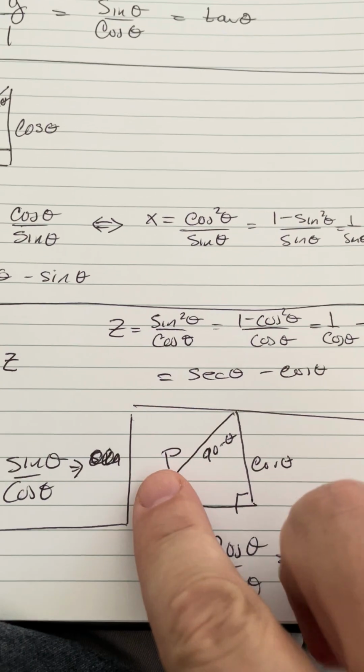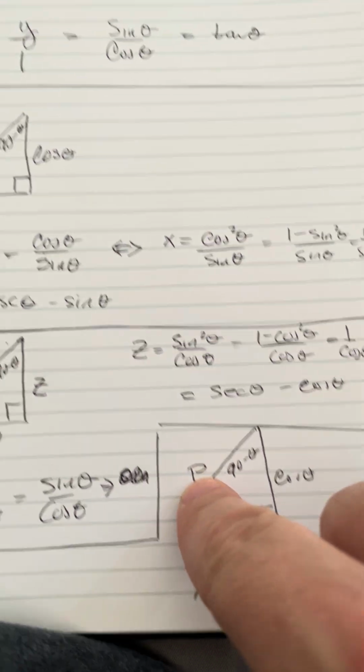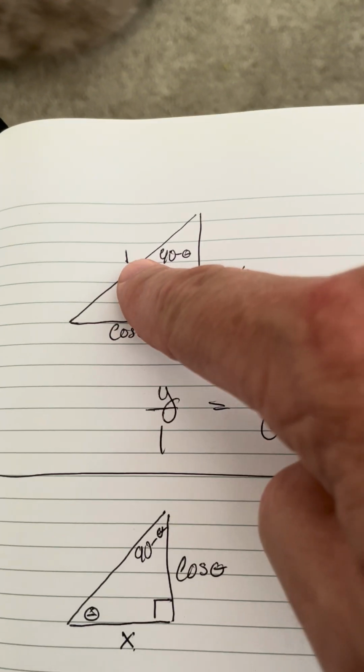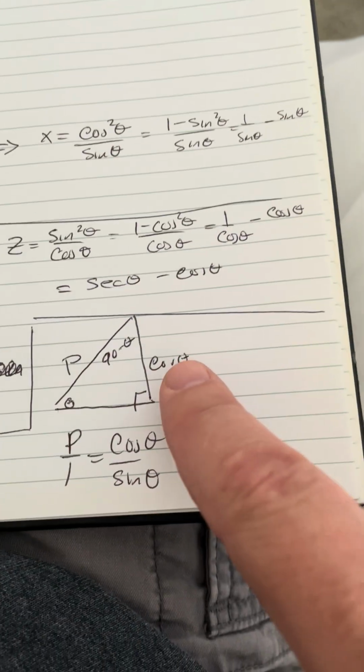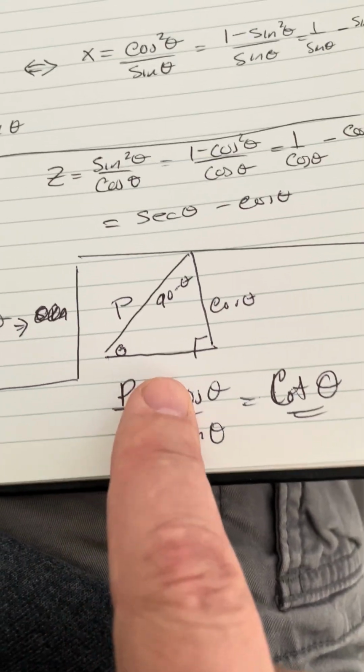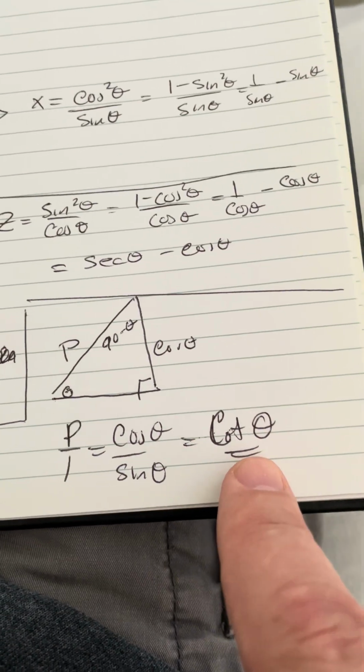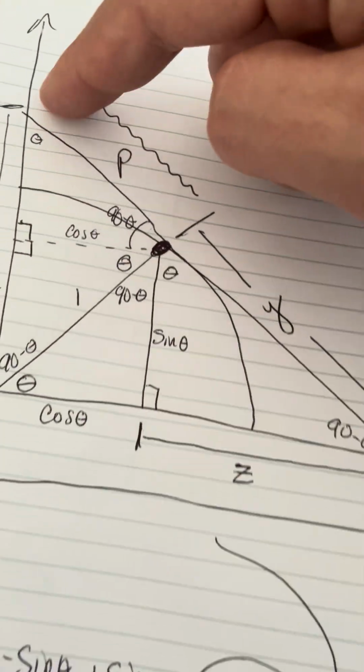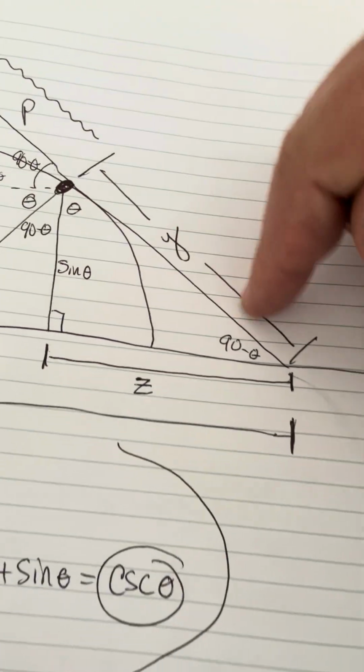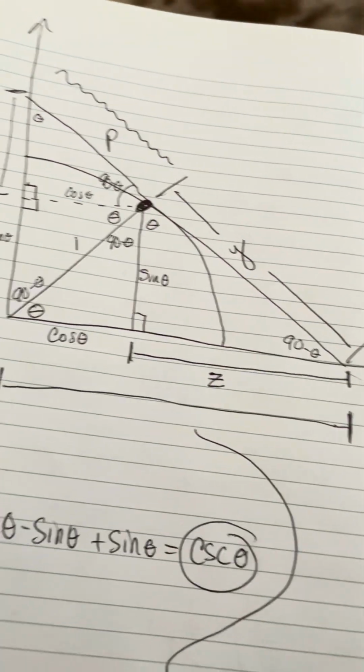So p is to my reference triangle 1 as cosine is to sine. So my ratio looks like this. P over 1 is cosine over sine. So that segment is my cotangent of theta. So there's tangent, there's cotangent.